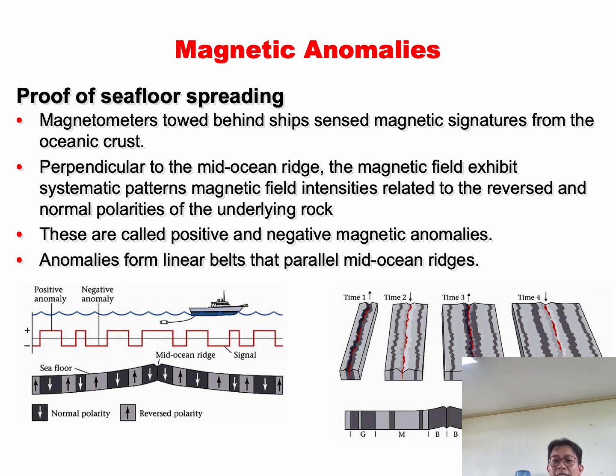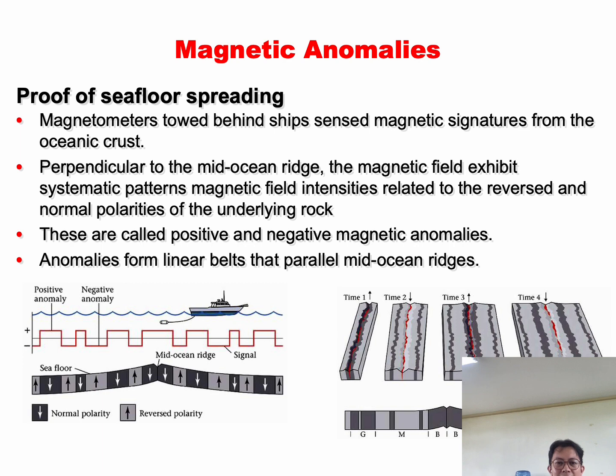So as the polarity of the Earth shifts, the rocks or molten materials that piled up at the mid-ocean ridge and eventually solidified behave, or are arranged and patterned, according to the polarity during that time. So for example, the latest polarity is normal polarity.